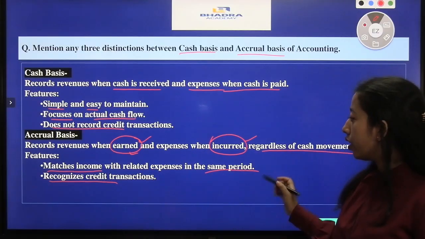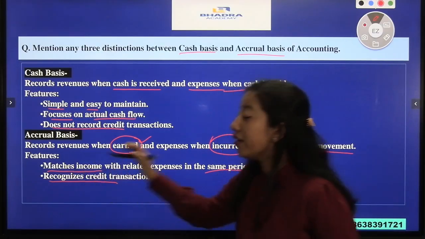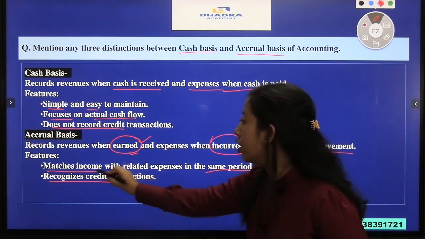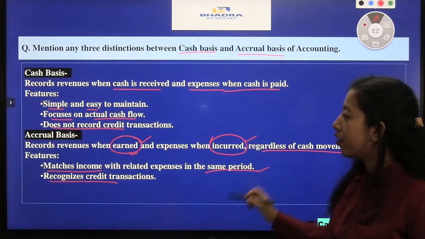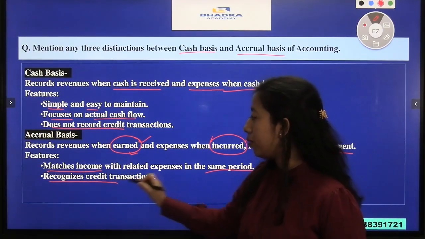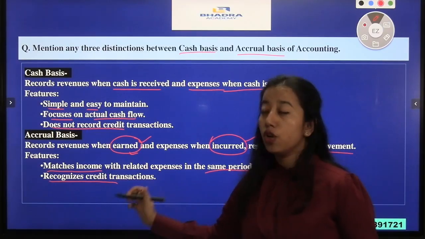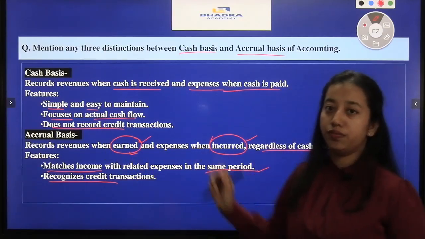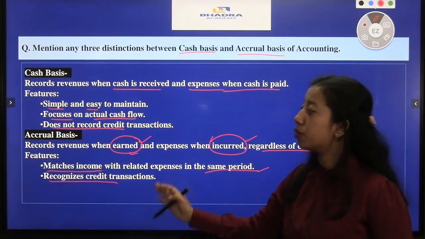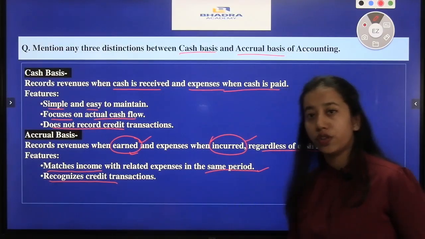So they match income with related expenses in the same period, and they recognize credit transactions. Why? Because they record when revenues are earned. So this was the concept of cash basis and accrual basis of accounting.